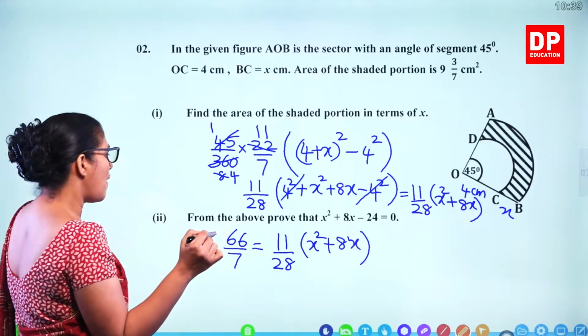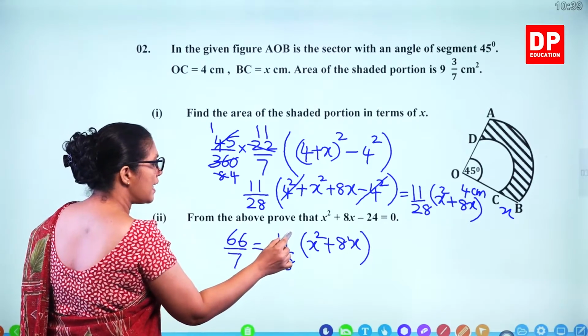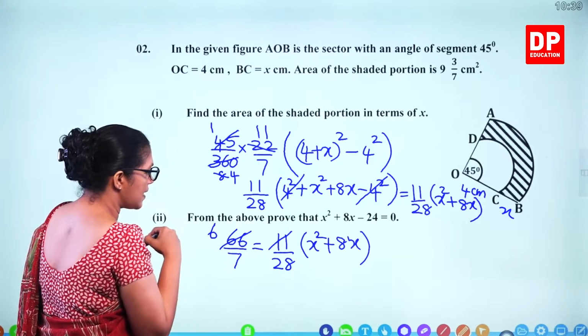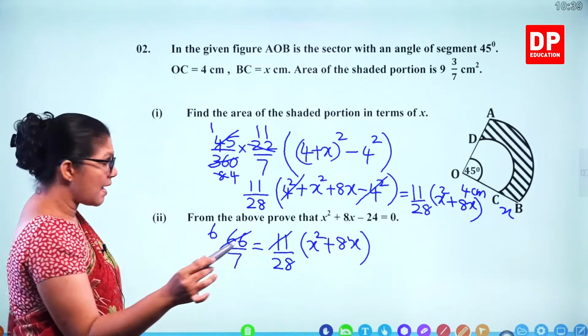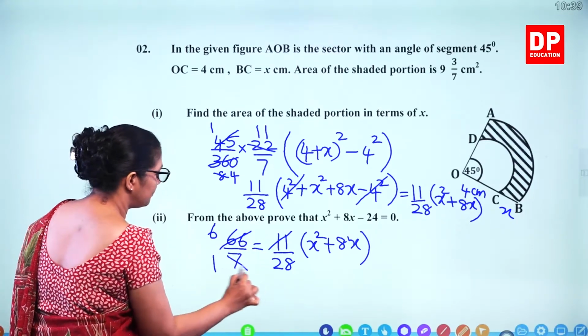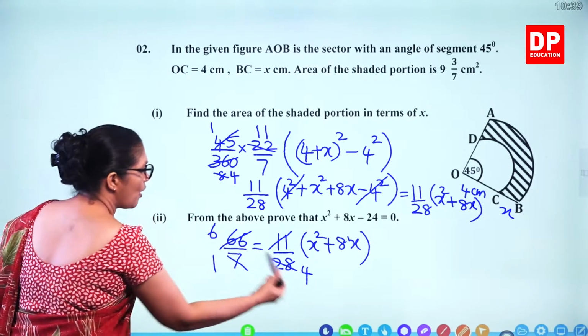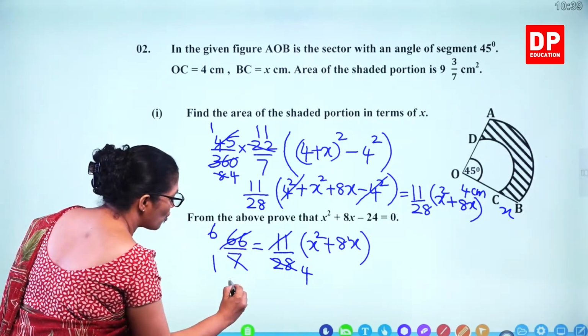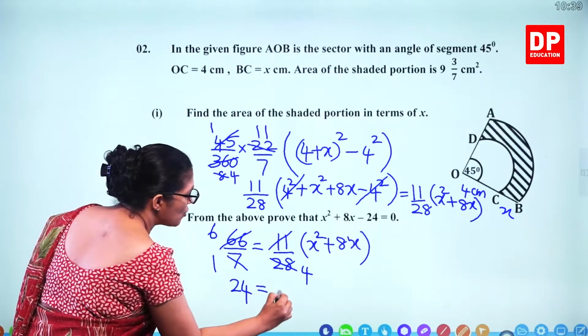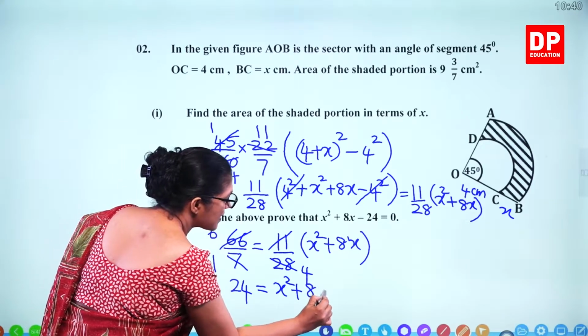Now try to simplify. Divide both sides by 11. You get 6 here. Multiply both sides by 7. This is 4 here. Now cross multiply, 6 times 4, 24 is equal to x squared plus 8x.